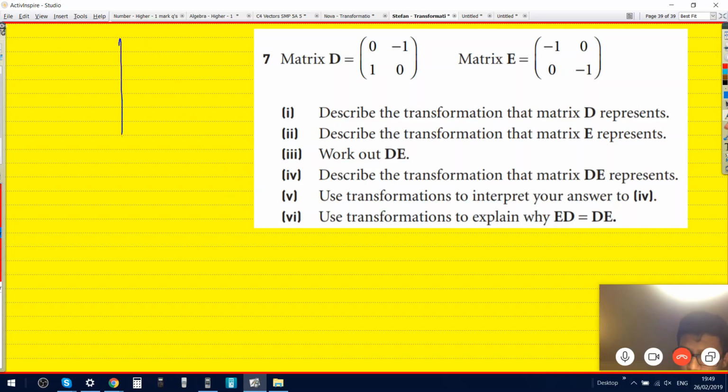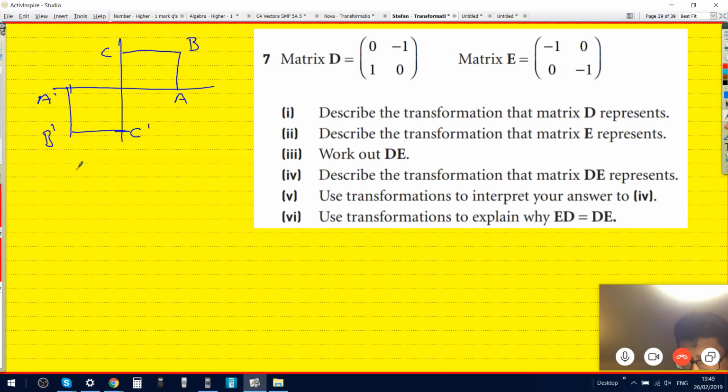I'll just draw it out to help. So then minus 1, 0. So A goes to, it's a reflection in the y-axis, but then you reflect this again in the x-axis because you've got 0, 1 to 0, 1.